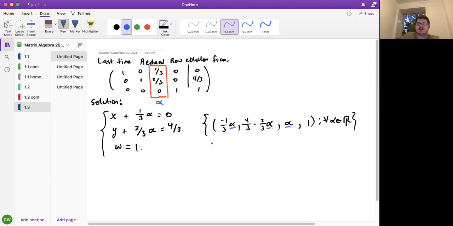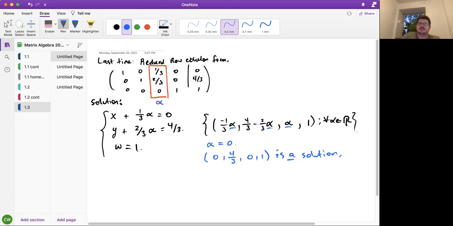For example, let's suppose alpha is 0. Then here's an example of a solution: 1, 4/3, 0, 1 is a solution. So there are infinitely many solutions. Think of this as a function of alpha. Plug in something for alpha, and then you get a solution.